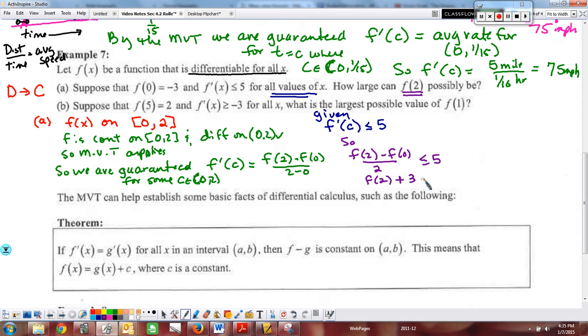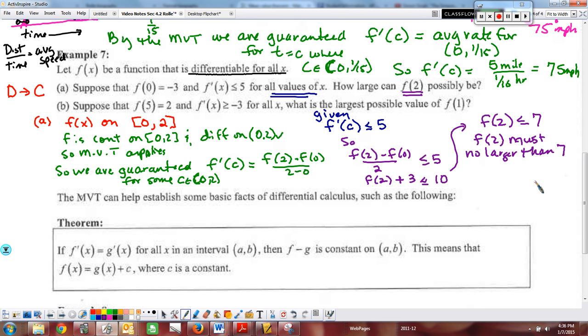Let's multiply both sides by 2. Has to be less than or equal to 10. So f of 2 has to be less than or equal to 7. So we can figure out that f of 2 must be no larger than 7, based on the mean value theorem.